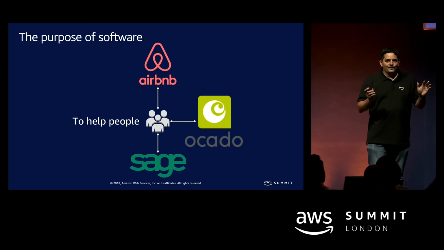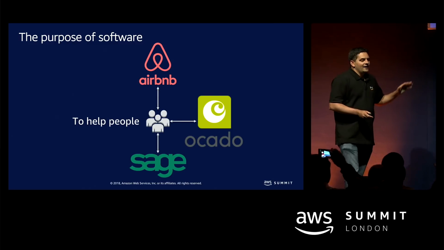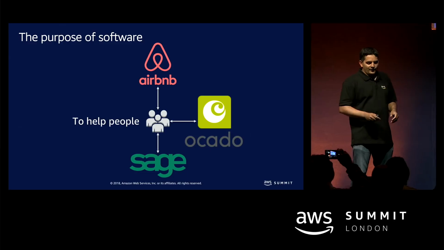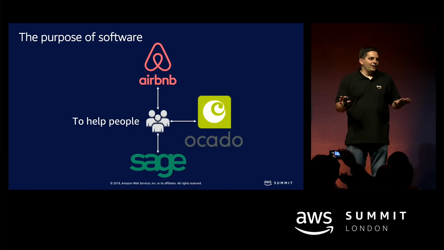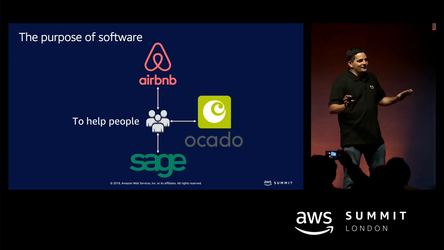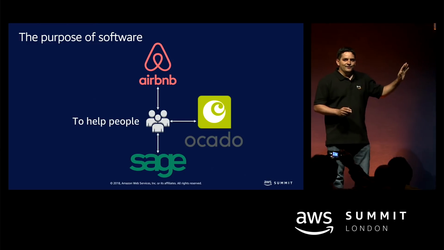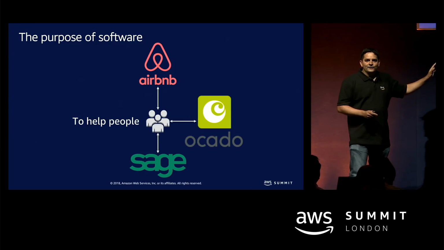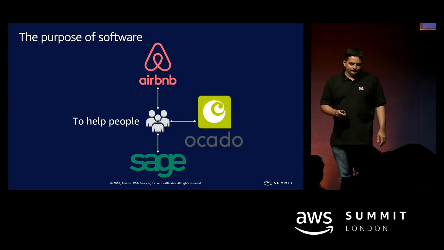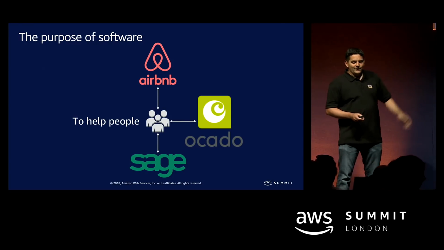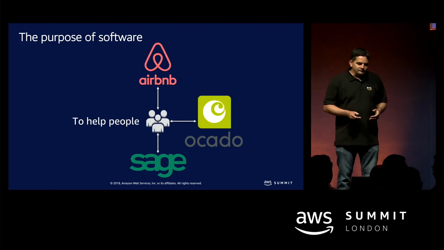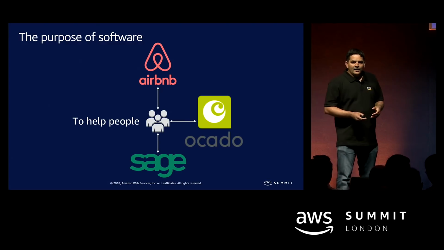Before we start, I wanted to set the premise here. The purpose of software, basically any kind of software that you can think of, ultimately is to help people. I tried to think for ages, is there any example I could think of that doesn't fit this? But I think it's safe to say that every example of software is to help people. So Airbnb, for example, match people up with landlords to rent out properties.